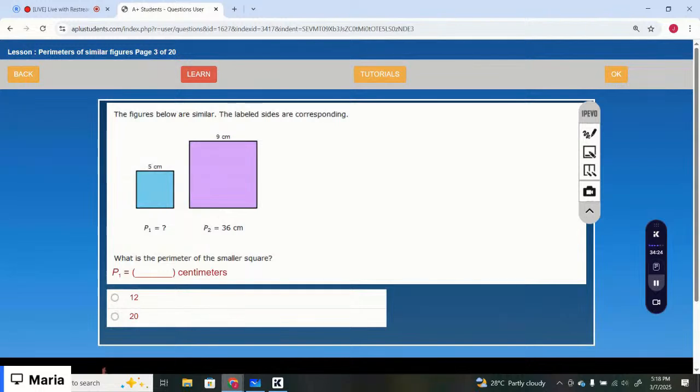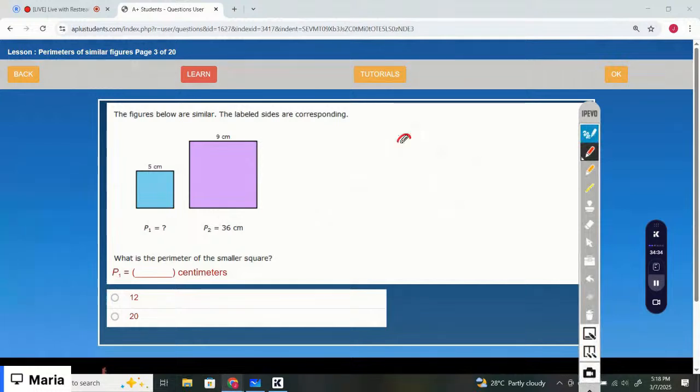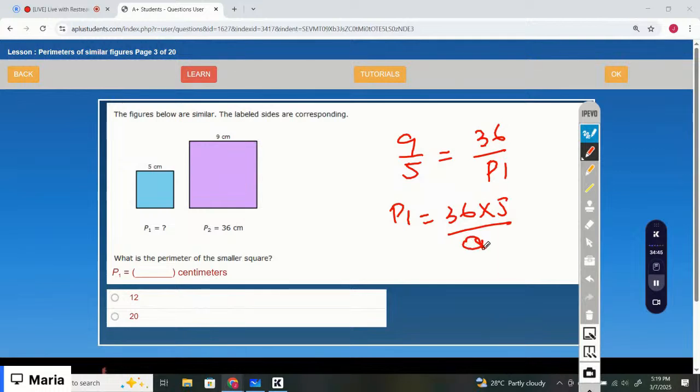The figures below are similar. The labeled sides are corresponding. What is the perimeter of the smaller square? So just make a proportion between the corresponding sides, that is 9 divided by 5 equals 36 divided by P1. So P1 equals 36 times 5 over 9.